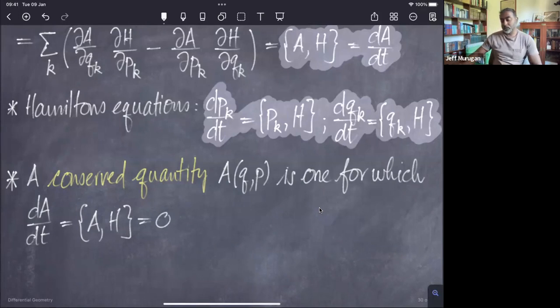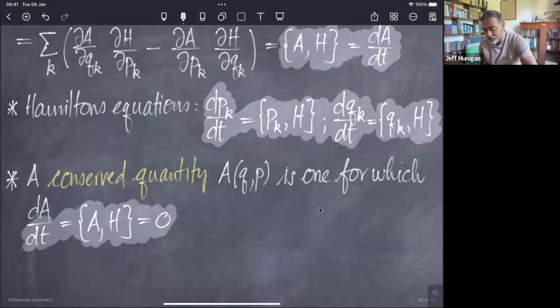So if I find a quantity in phase space such that its Poisson bracket with the Hamiltonian associated to that phase space vanishes, then I know that quantity is a conserved quantity. And by conserved quantity, I mean things like momentum or energy, etc. All of these functions of the variables on phase space satisfy the property that their Poisson bracket with the Hamiltonian of that system vanishes.